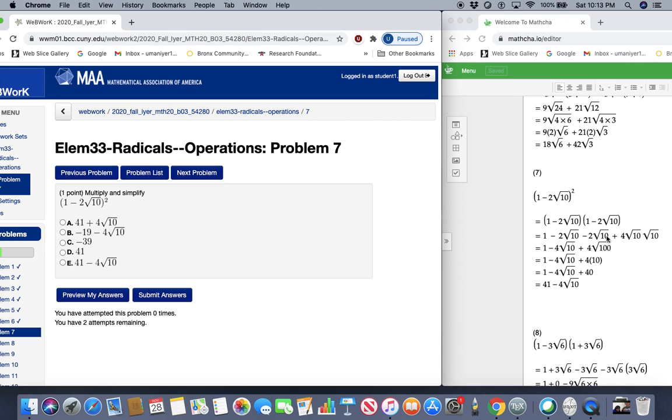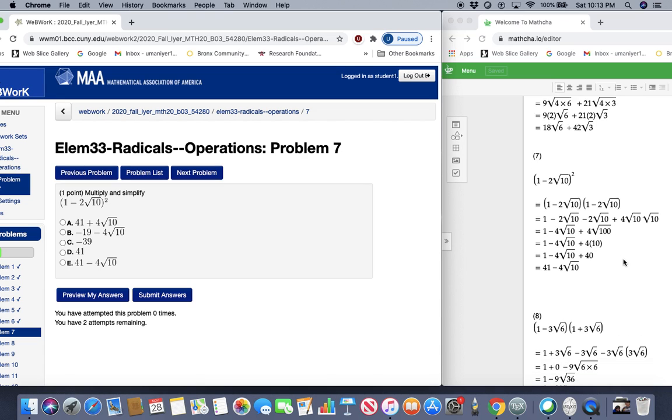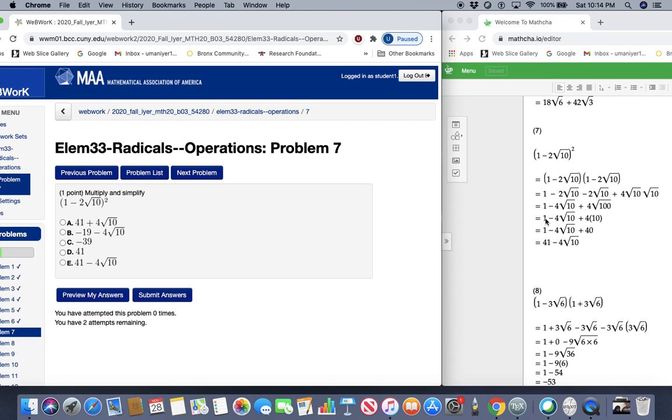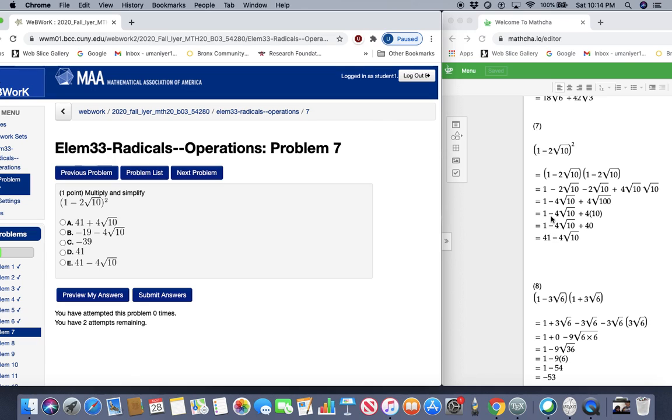Notice these are like terms, square root 10, square root 10, negative 2 and a negative 2. So that's negative 4 square root 10, plus 4 times square root 10 times square root 10, which is square root 100. 1 minus 4 square root 10 plus 4 square root 100, which is 10. 1 minus 4 square root 10 plus 40.